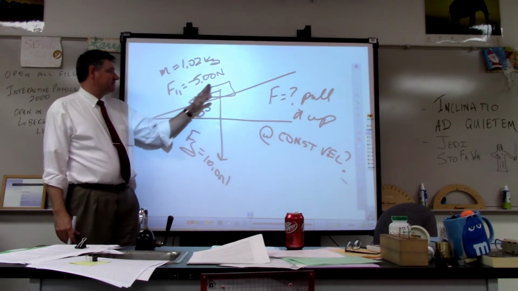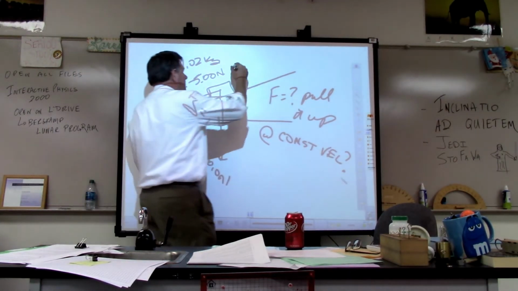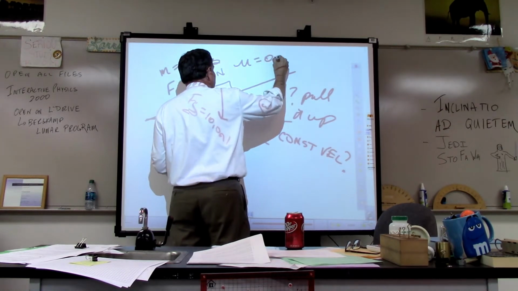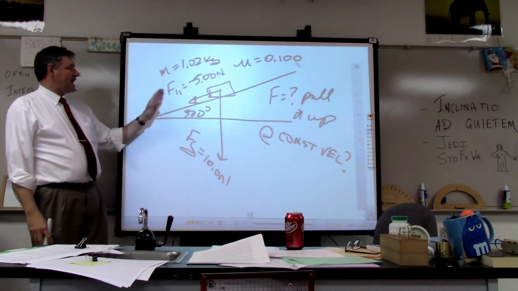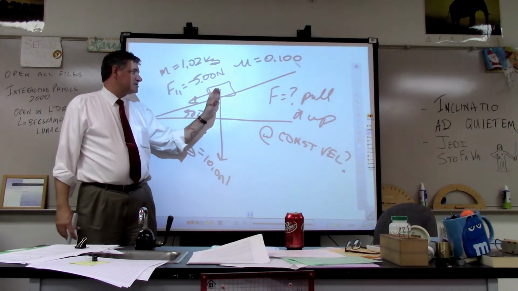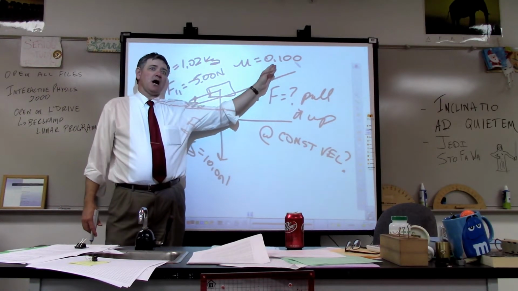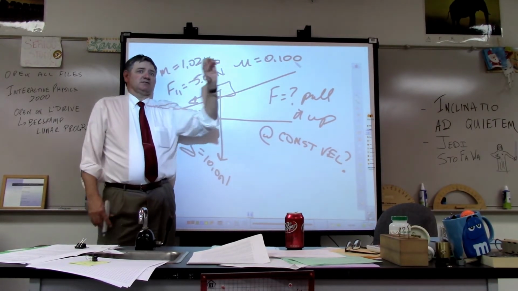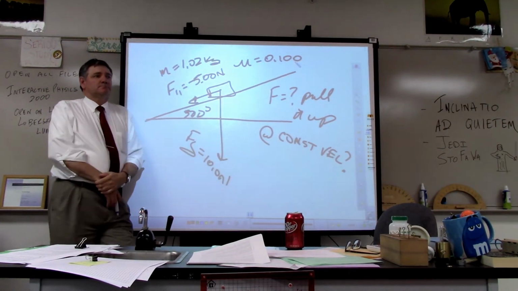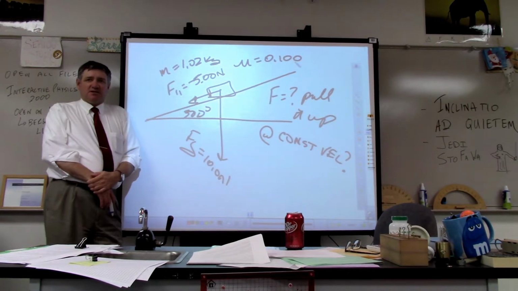Here's my Fg, here's my force parallel. Mu is still 0.100. Now visualize this. I want to pull this block up this inclined plane at a constant velocity. How much force is it going to take?